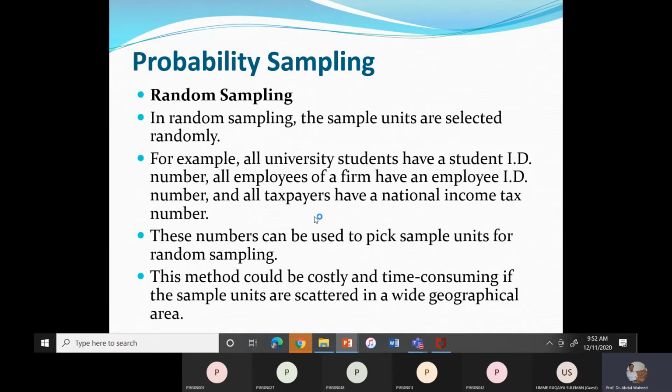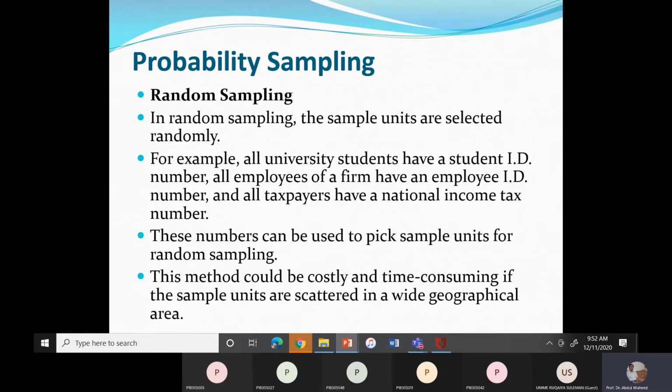Same is with the taxpayer. We have a national tax number, and using the national tax number, we can draw the samples and then approach the taxpayers for responses on our questionnaire. So we can pick these numbers randomly to get our samples.